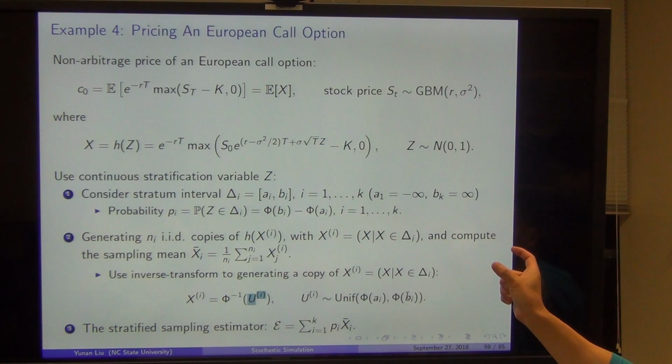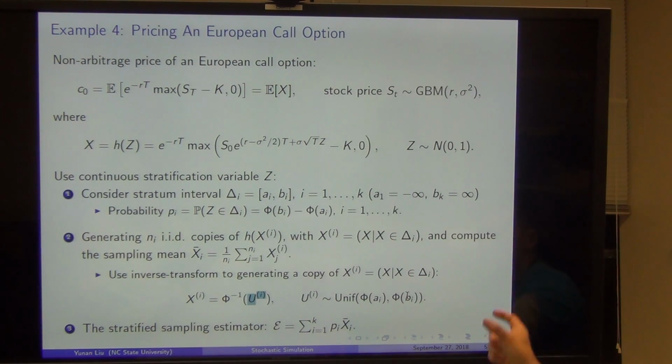After the inverse map, the result lies between a and b. That's why we have phi of a_i and phi of b_i: the forward transformation maps the interval ab into phi a and phi b, both between 0 and 1. So the stratified sampling estimator would be this. The p_i is known, and we have a technique to estimate X_i.